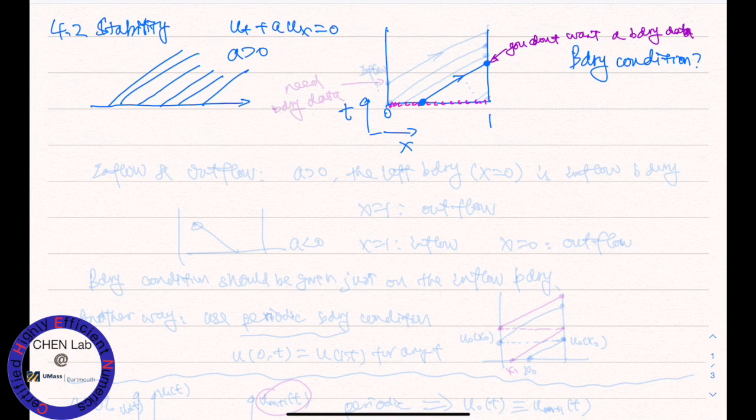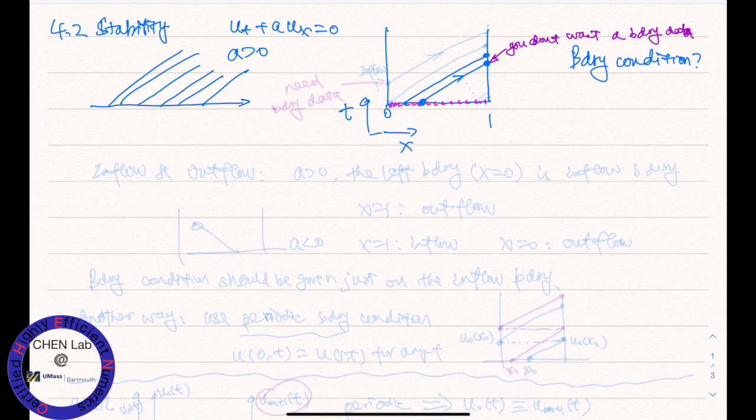So you want to be careful what kind of boundary condition you specify. Similarly, a point here will be transported to there, so you don't want to specify the value here, and so on and so forth.